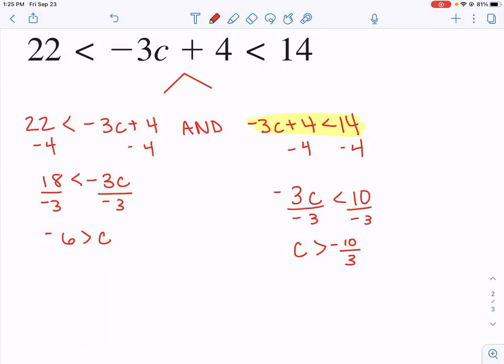I want a number that is bigger than negative 10/3, AKA, I want a number that is bigger than negative 3 1/3, but smaller than negative 6.